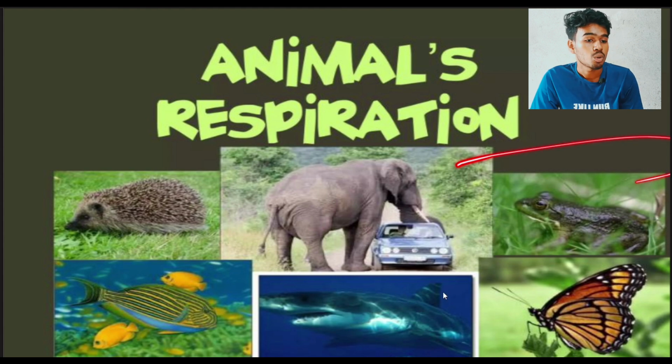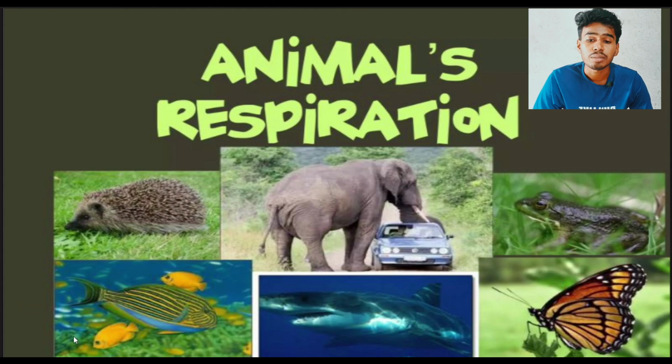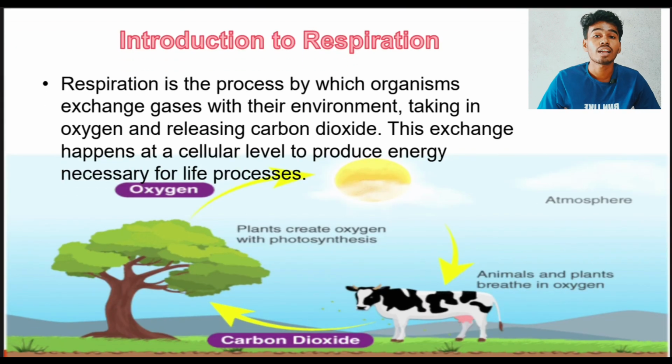Here you can see a frog, an elephant, fishes, a shark, a butterfly. Many animals present on the earth ultimately require oxygen and depend upon respiration for their survival. If the respiration process was not there, they could not survive.